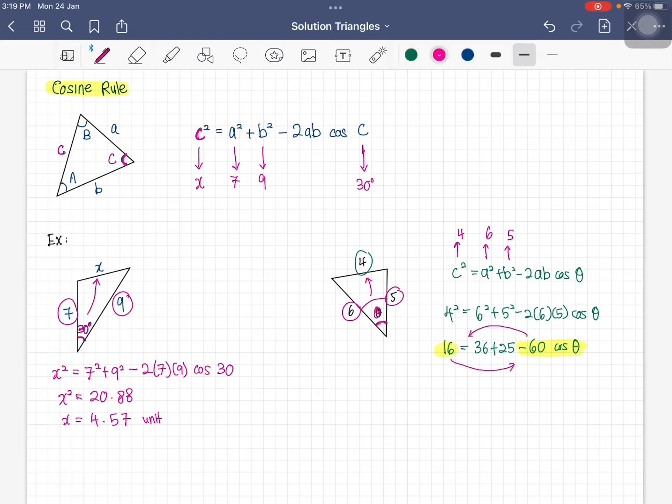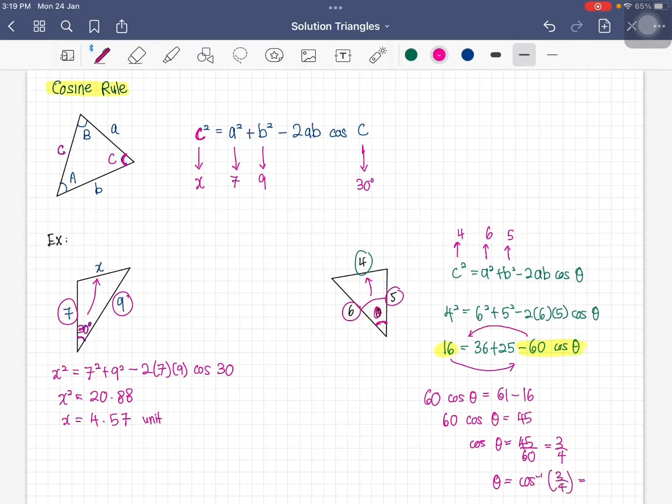Therefore, 60 cos theta equals 61 minus 16, which is 45. So 60 cos theta equals 45, and cos theta equals 45 over 60, which is 3 over 4. To find theta, I need to use cos inverse of 3 over 4.